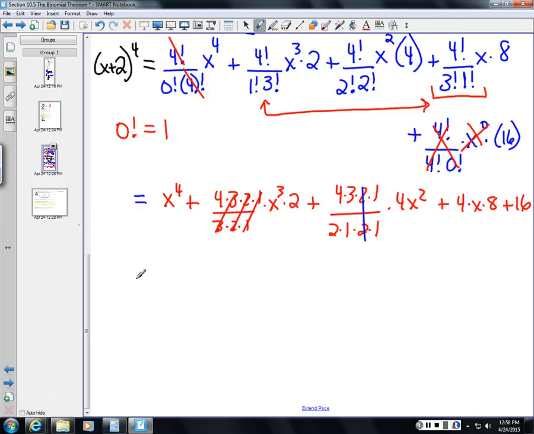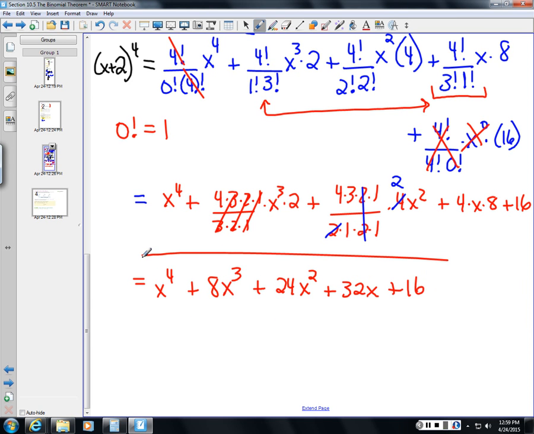So now going back through and reducing this one more time, we have x to the 4th plus, all you have left here is 4 times 2 times x cubed, which gives me 8x cubed. All you have left up here is, you can reduce this 4 and this 2 to 2. That leaves me 12 times 2, which gives me 24x squared, plus 32x plus 16.